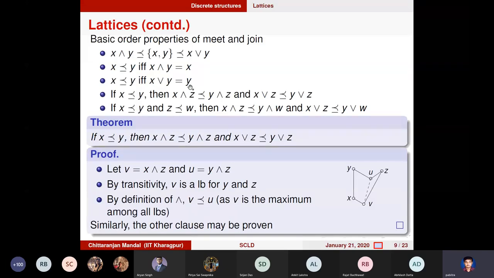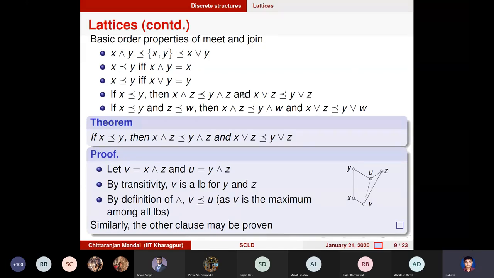There is another property: if x is less than or equal to y, and we take the meet of x with any element z, and the join of x with any element z, and the join of y with any element z, then the join of x with z will be less than or equal to the join of y with z, and similarly for the meet also.